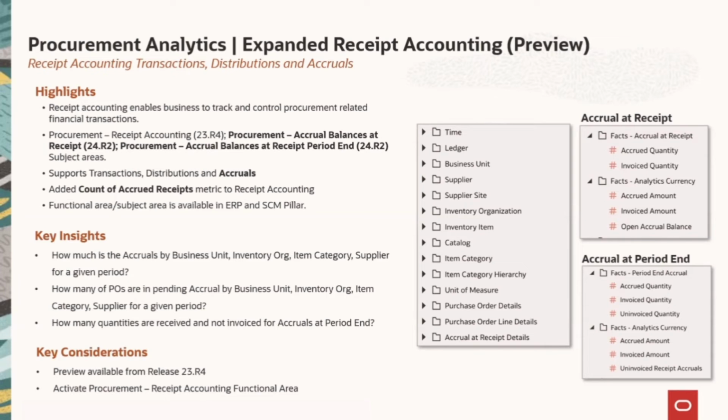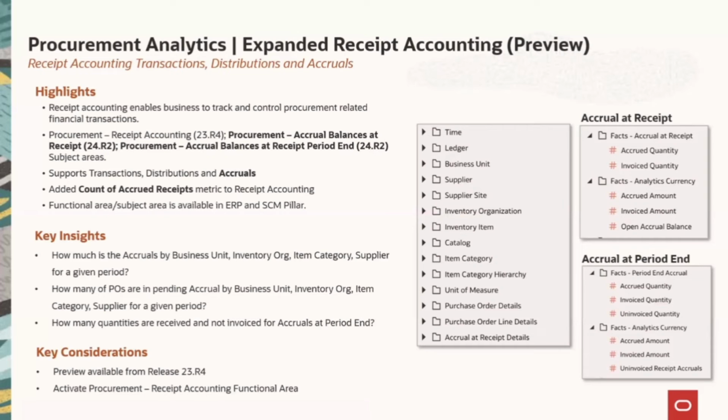I can see both by quantity and by amount, and also how much accrual is open, which means not invoiced, by different dimensions. Similarly, in the accrual at period end subject area, you can see the same details.